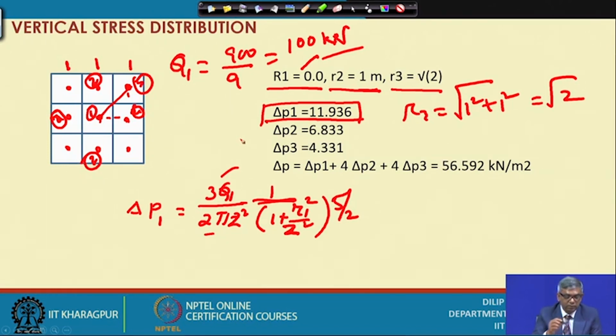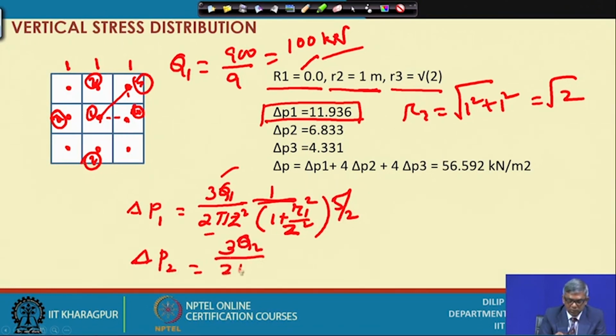And now I will find out another value, that is delta P2, that means effect of this to here. Delta P2 will be 3 Q2 by 2 pi z square, 1 over 1 plus, here r is actually 2 and z also 2, to the power 5 by 2.